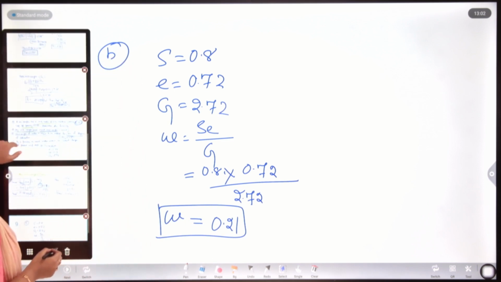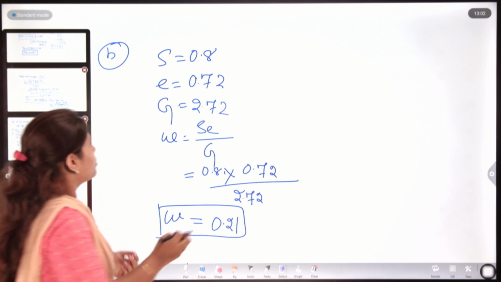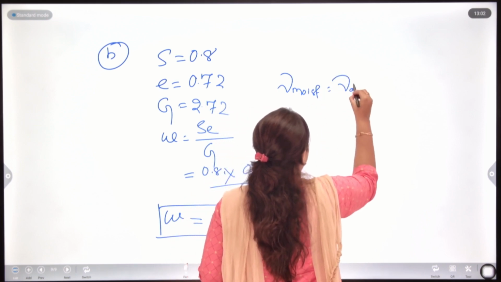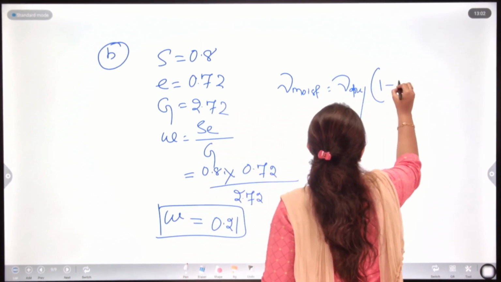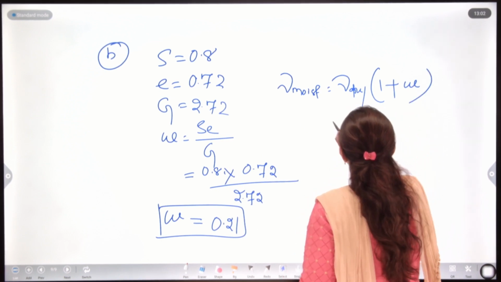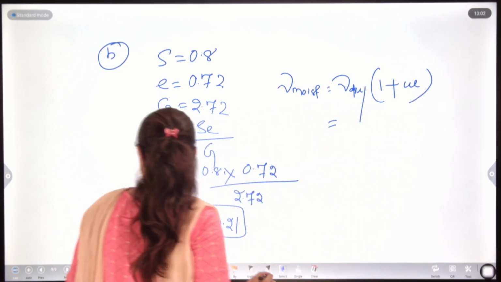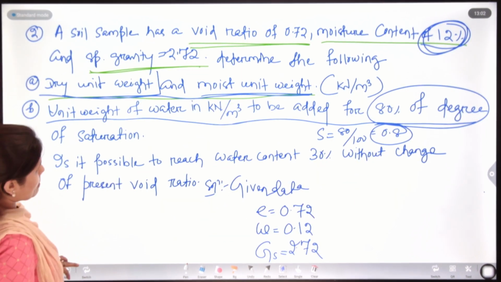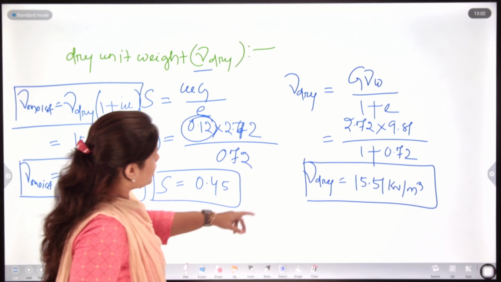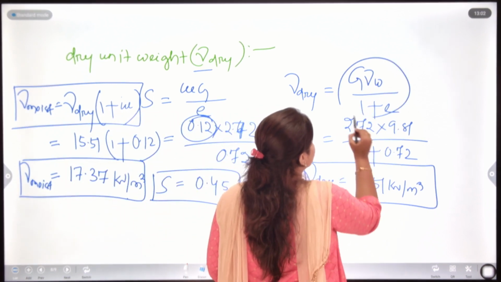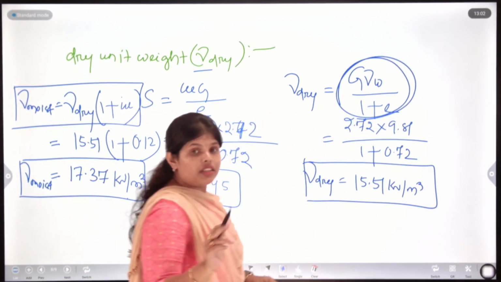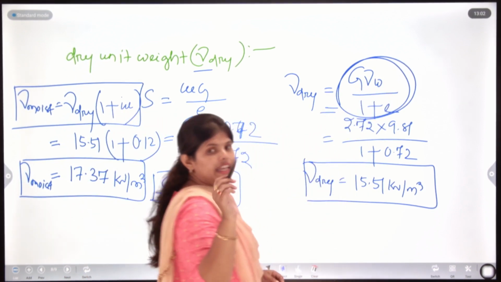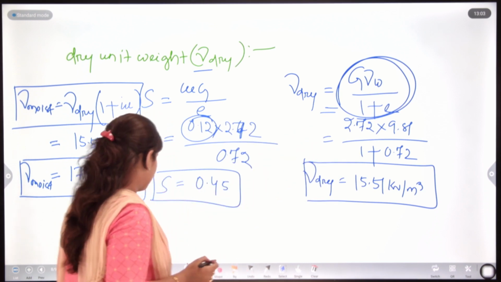So what have I asked? Unit weight of water, that is your moist unit weight. So gamma moist will be gamma dry multiplied with 1 plus w. Gamma dry is already calculated by G gamma W by 1 plus e. If degree of saturation changes, there will be no change in it. We do not need the S value here, so we can put this gamma dry value.